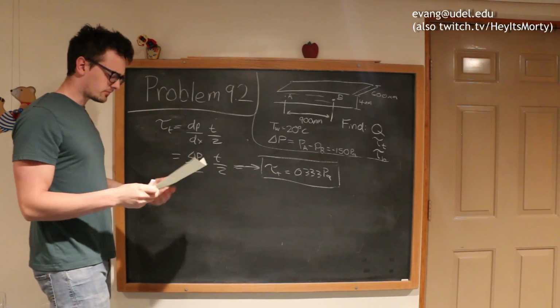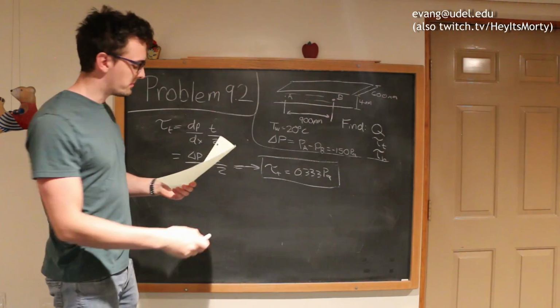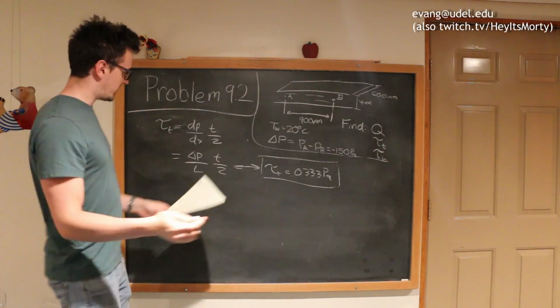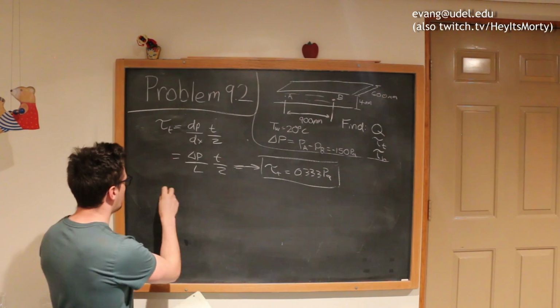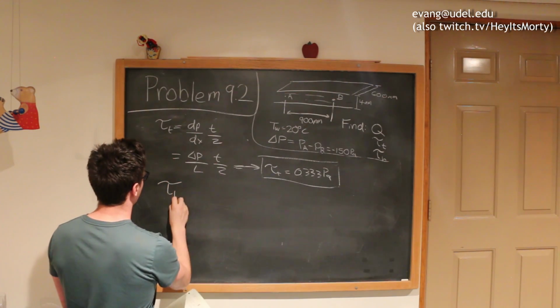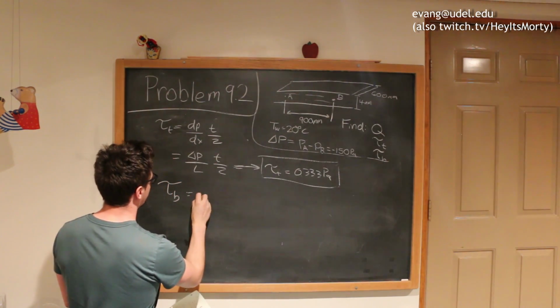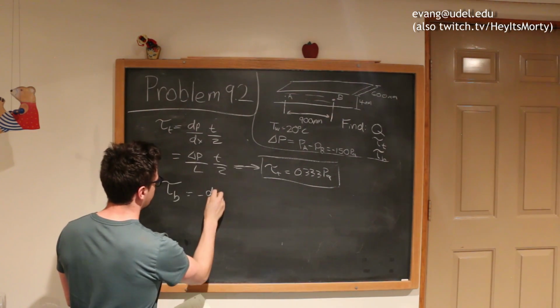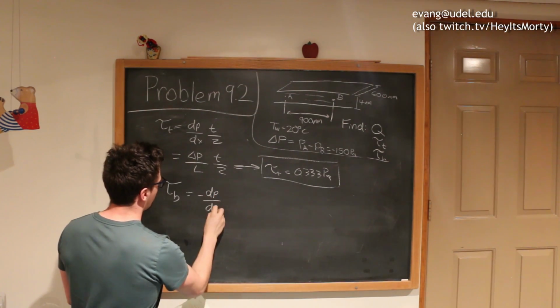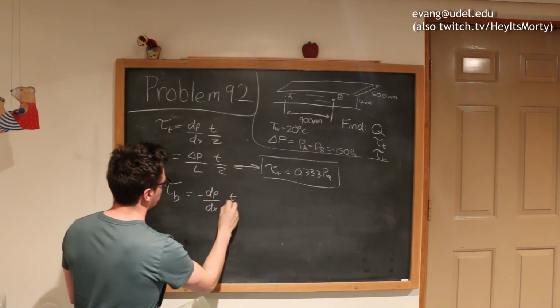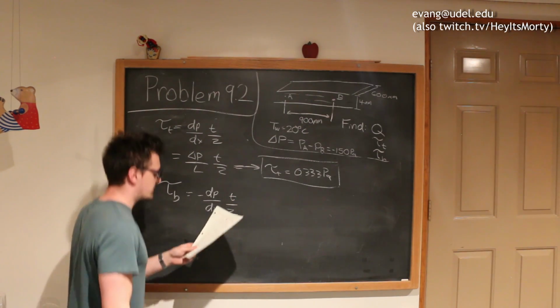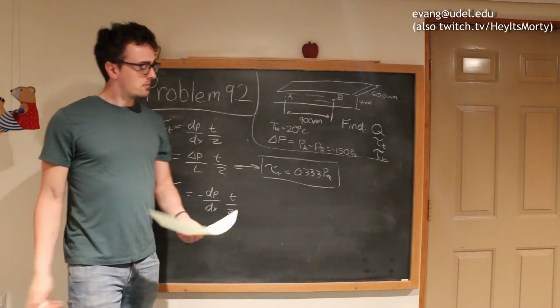Finding the shear stress on the bottom plate is extremely similar. The only difference in the equation is that there's a negative sign in the front of it, and that doesn't really matter since all we're doing is finding the magnitude.